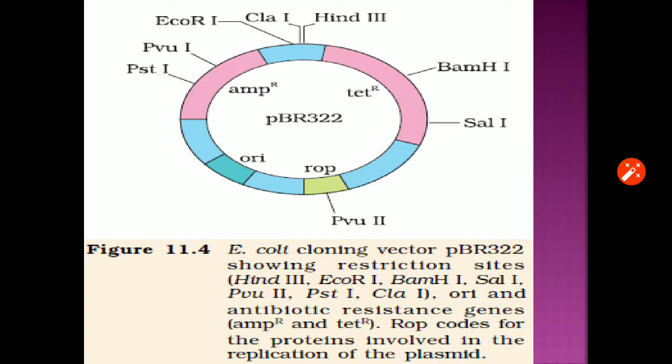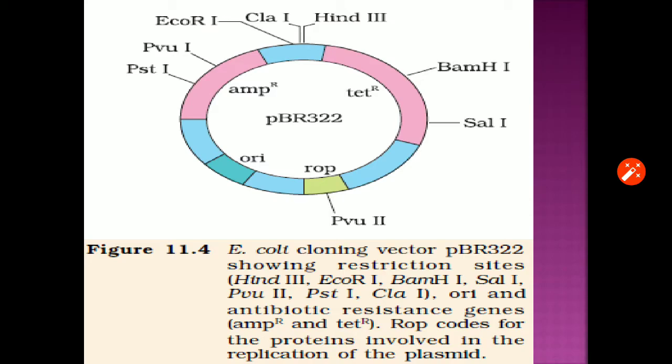Suppose there is EcoRI. That means this is the site at which the EcoRI enzyme will act and cut it open for the easy insertion or removal of a gene from this site only. You need to practice this figure because it is a very important question for the board exam.